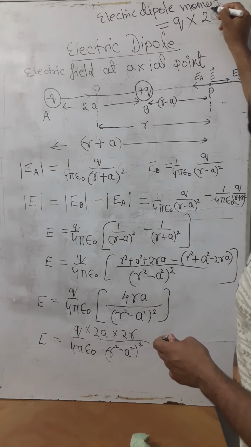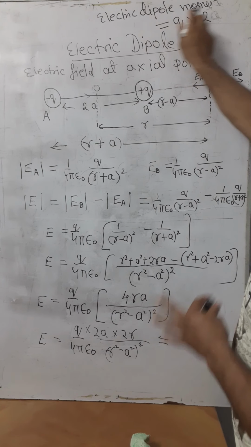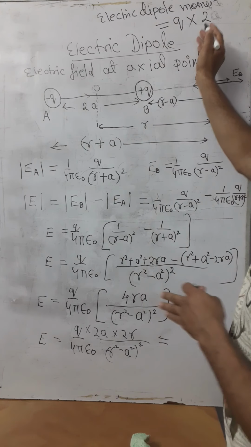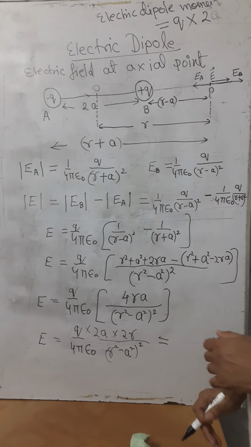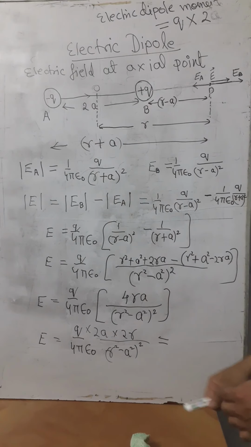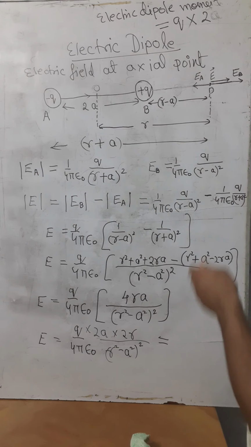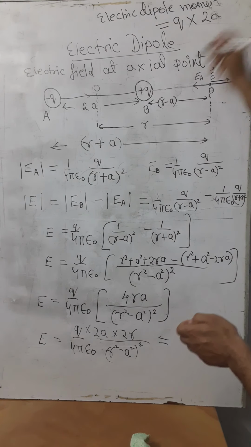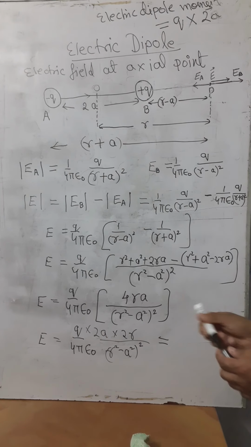And obviously this is also a vector. The vector electric dipole moment is in the same direction as the length of the electric dipole. The length of the electric dipole is from minus q to plus q. Same as the electric dipole moment, q into 2a is always directed from minus q charge to plus q charge.